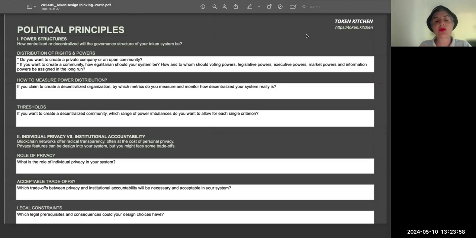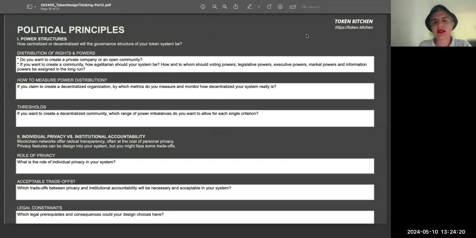The other set of questions is around the trade-off between individual privacy and institutional accountability. If you're building a DAO or another type of decentralized organization, you're building an institution, and accountability is the whole point of Web3, right?